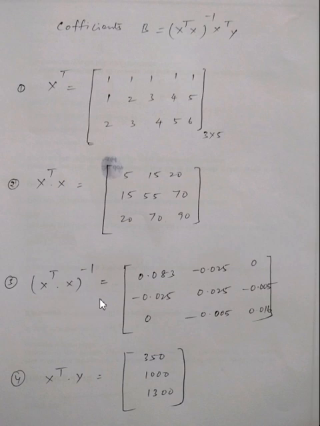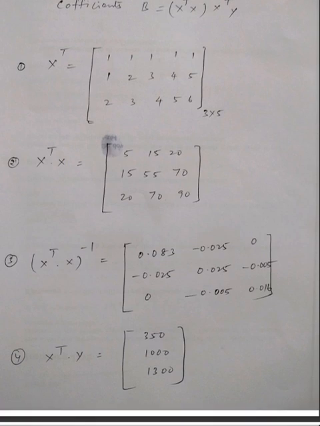After that we need to find the inverse of this matrix. After calculating the inverse, this is the result, 0.083 approximately. We have taken up to three decimal values only.